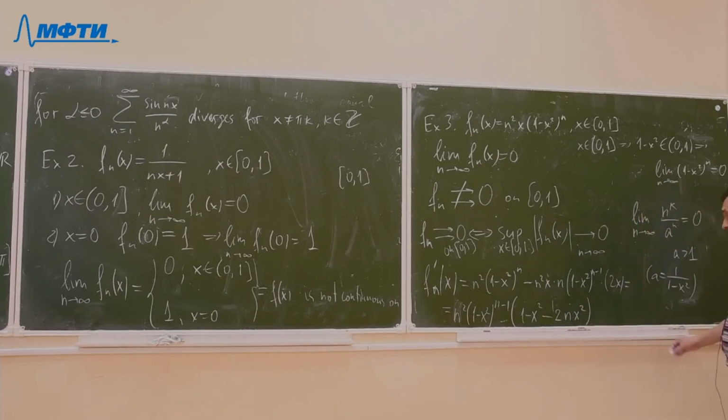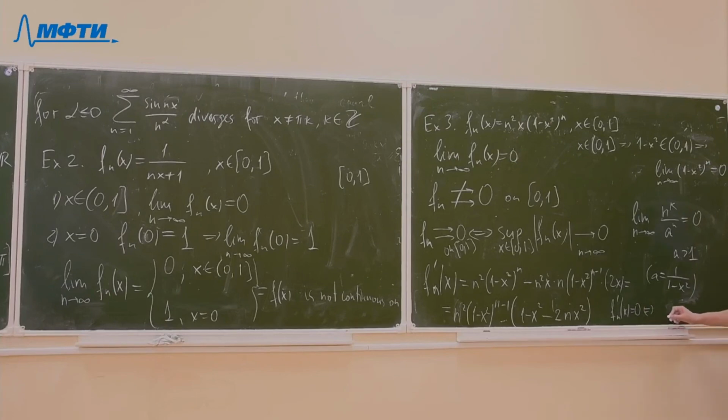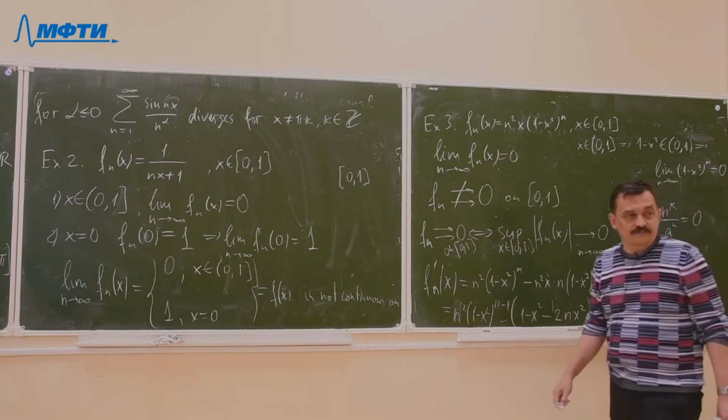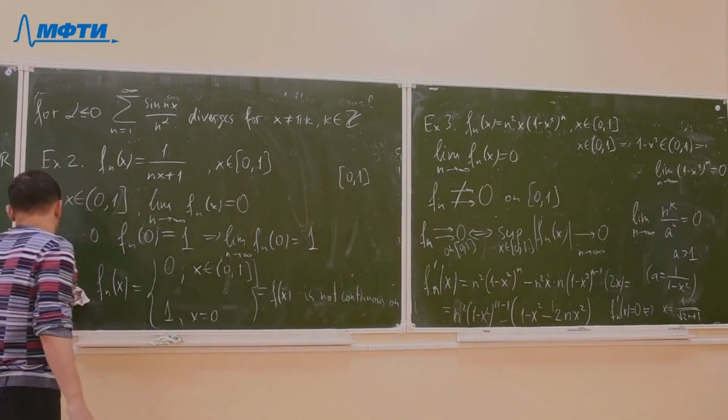So f_n prime equals 0 is equivalent to x equals what? 1 over square root of 2n plus 1.